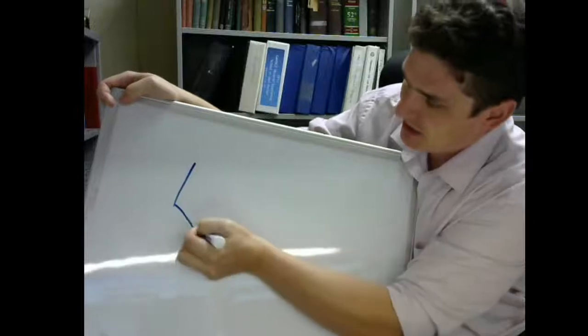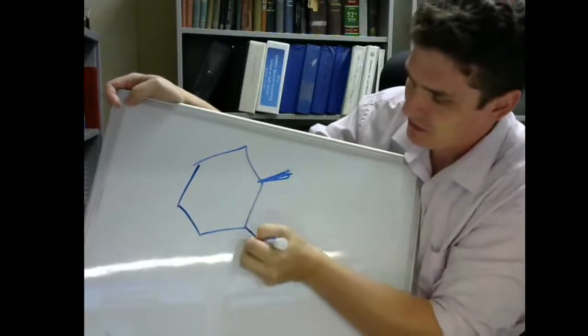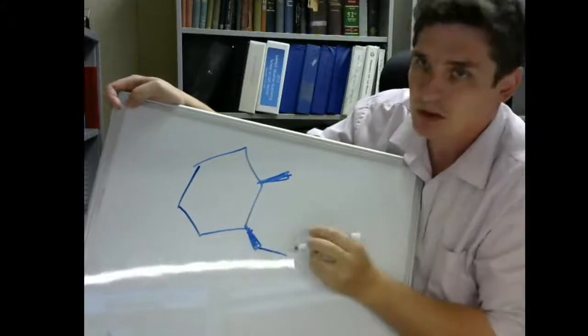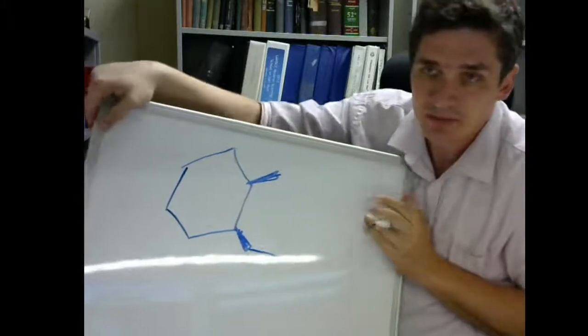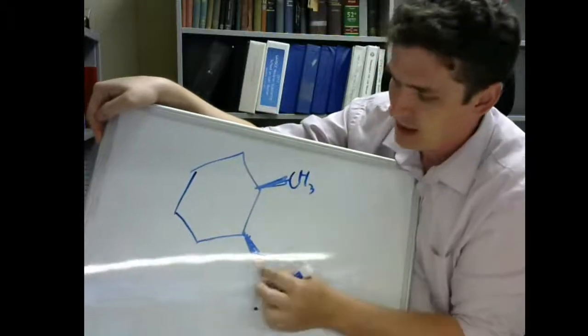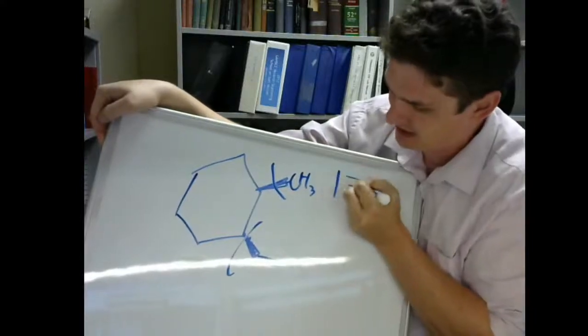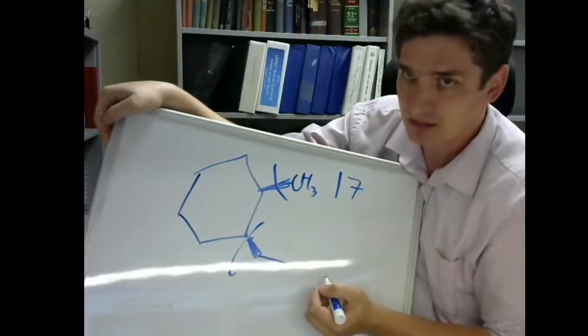So let's say we draw cis-1-ethyl-2-methyl. Now in this case we've got a CH3 group and we have a CH2CH3. So if we just look at it in terms of atomic weights, this weighs 17. Let's see here.